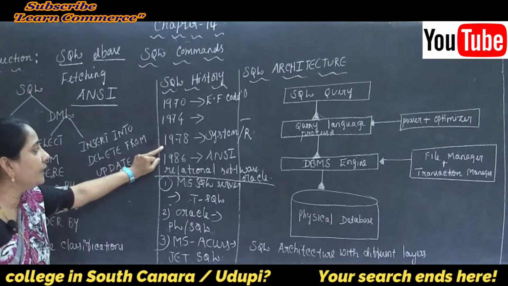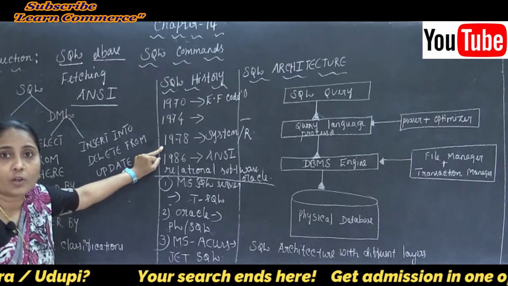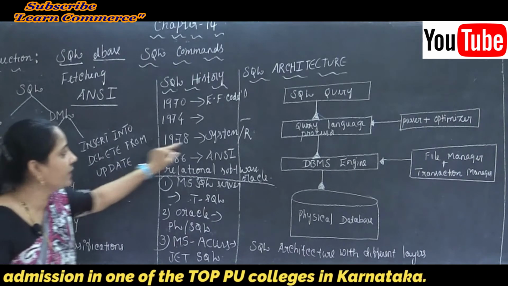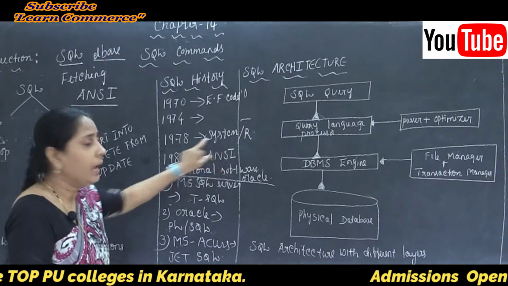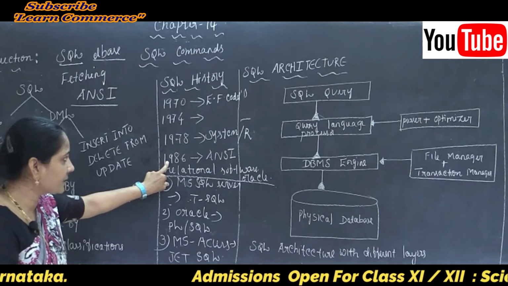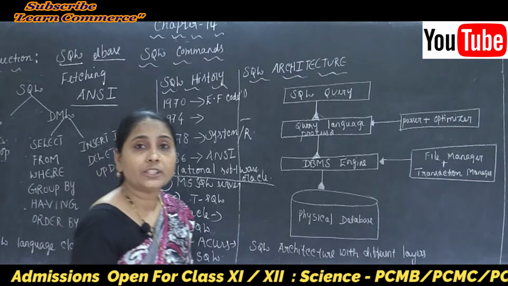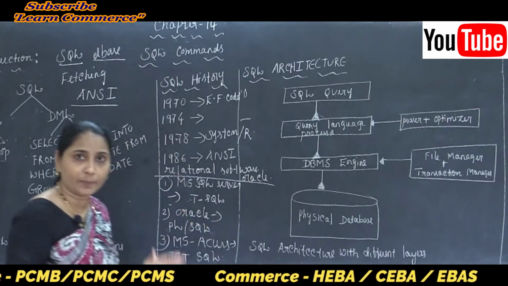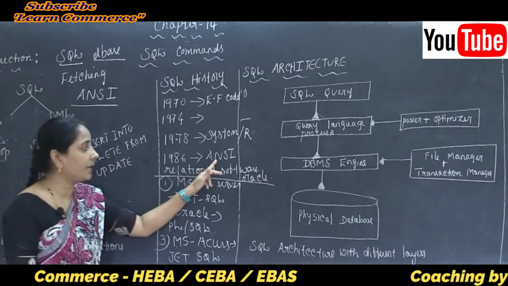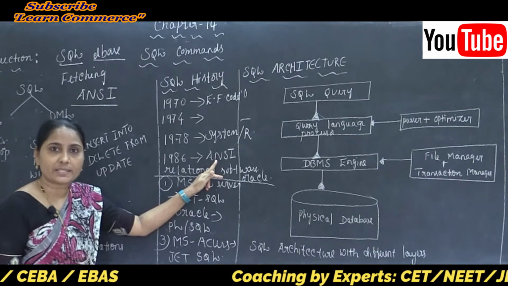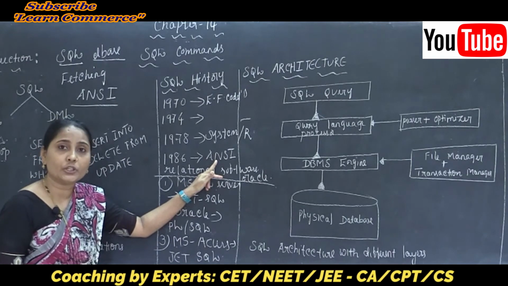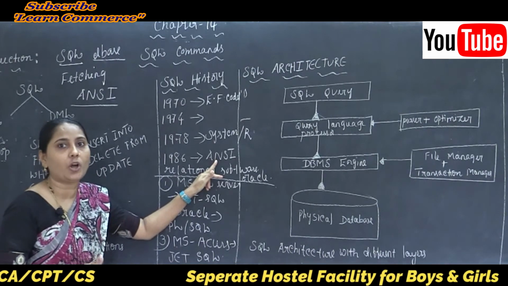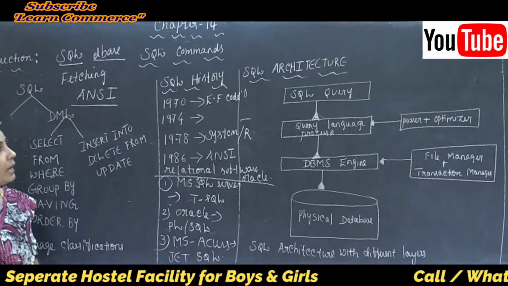In 1978, using Codd's idea, they developed one product software called System R. Later in 1986 came the first prototype of the relational databases, and after it appeared, such database software was standardized by ANSI, the American National Standards Institute. Later such a database is called Oracle. So this is about our SQL history.